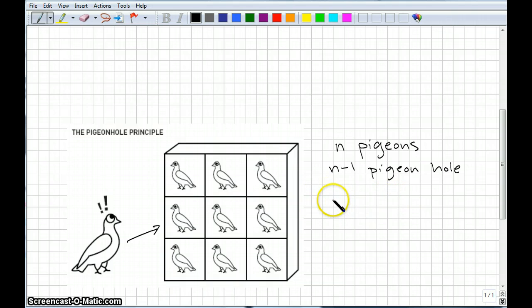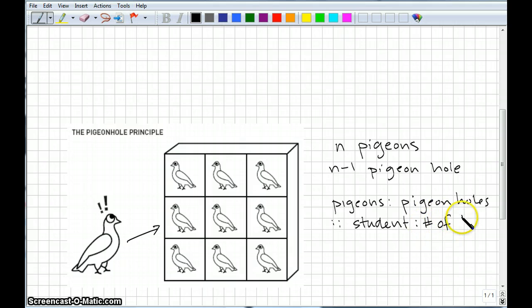So we can make an analogy where pigeons is to pigeonholes as, I guess, you have students is to number of friends.